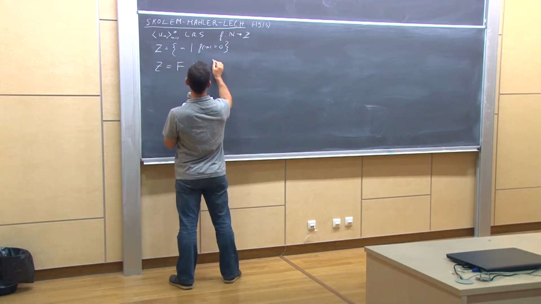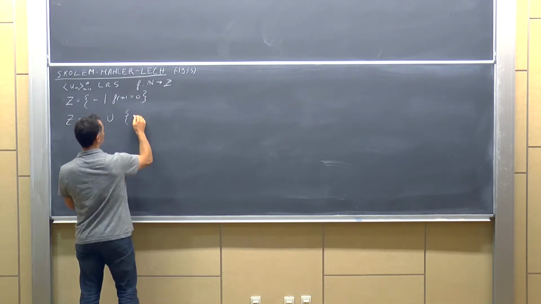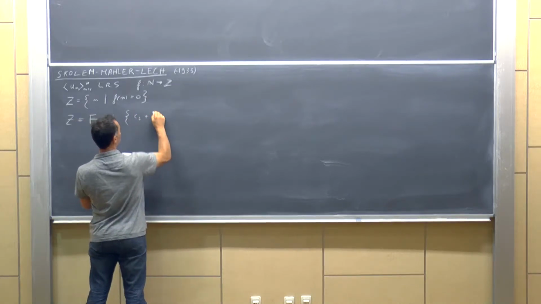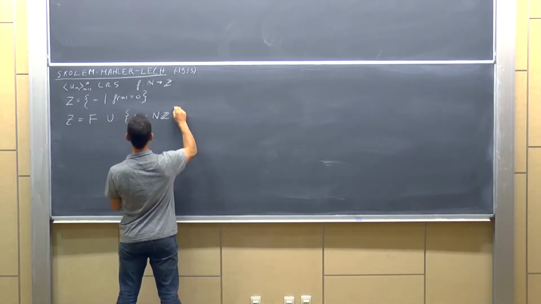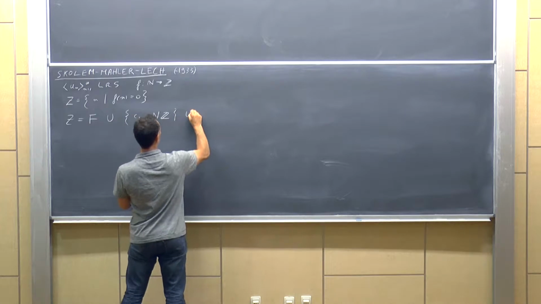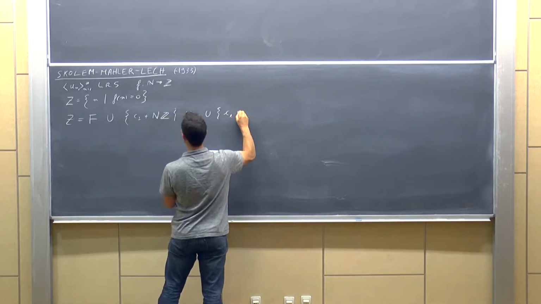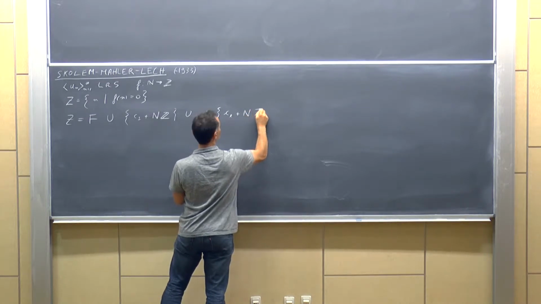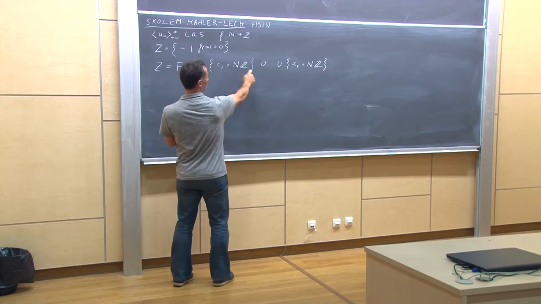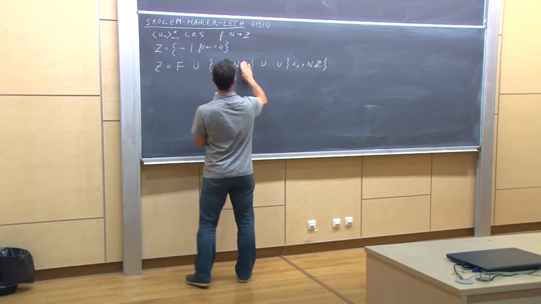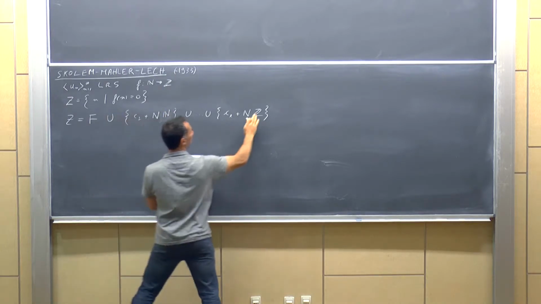So it's the union, let's see, I'm going to write this as C1 plus NZ, union dot dot dot, union CL plus NZ. Does this notation make sense? By NZ, I mean N times the natural numbers, of course.